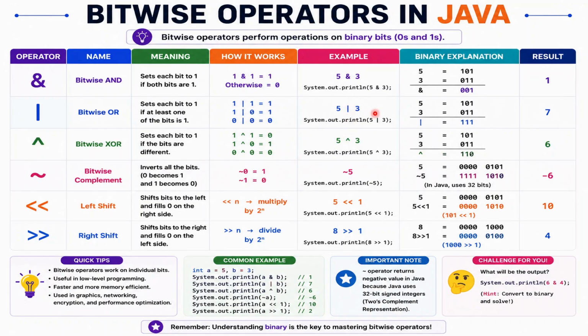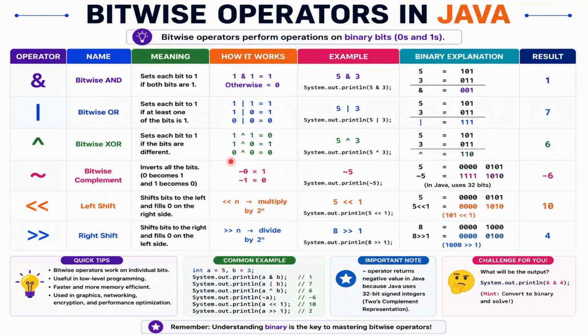So 5 or 3 is calculated as per the binary expression: 5 is converted into binary as 101, 3 is converted into binary as 011. If 1 is present in either, then 1, the rest are 0. So 1 0, 1 is present, so 1; 0 1, 1 is present, 1; 1 1, 1 is present, 1. So the result is 7.